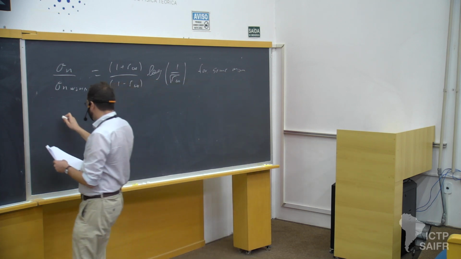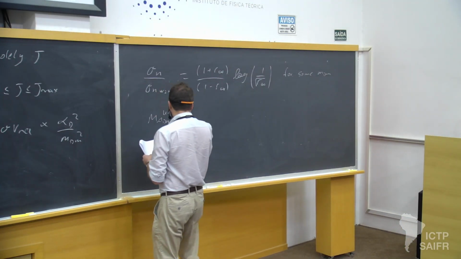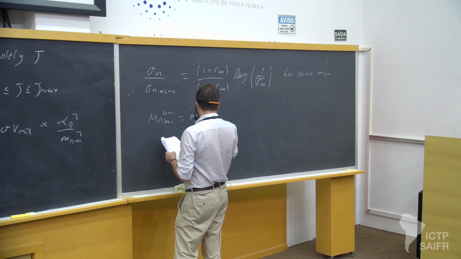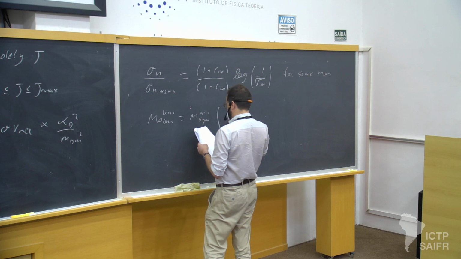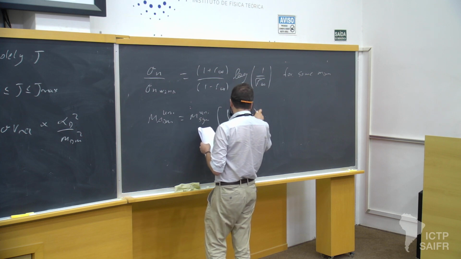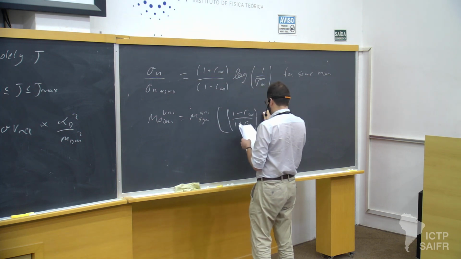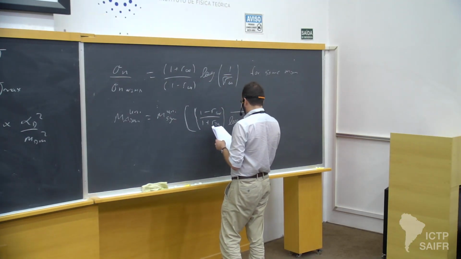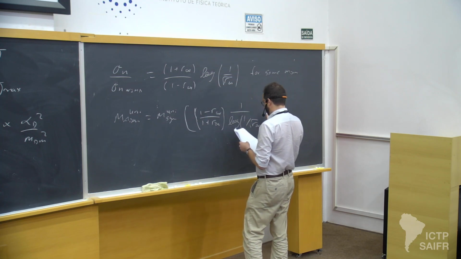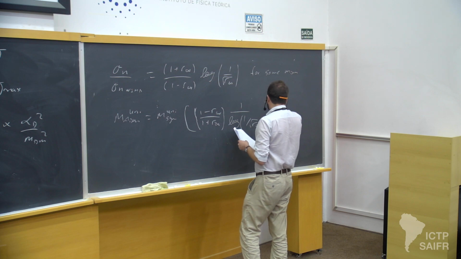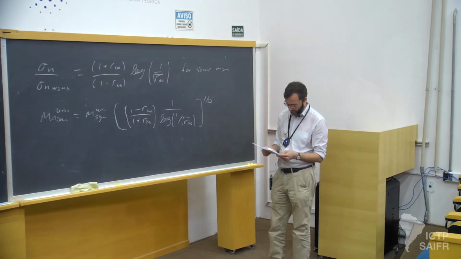So then the asymmetric dark matter unitarity mass is equal to the symmetric case times a factor that goes as (1 minus R infinity) on (1 plus R infinity) times log 1 on root R infinity. Okay, the steps are given in the notes if you want to follow through the calculation.